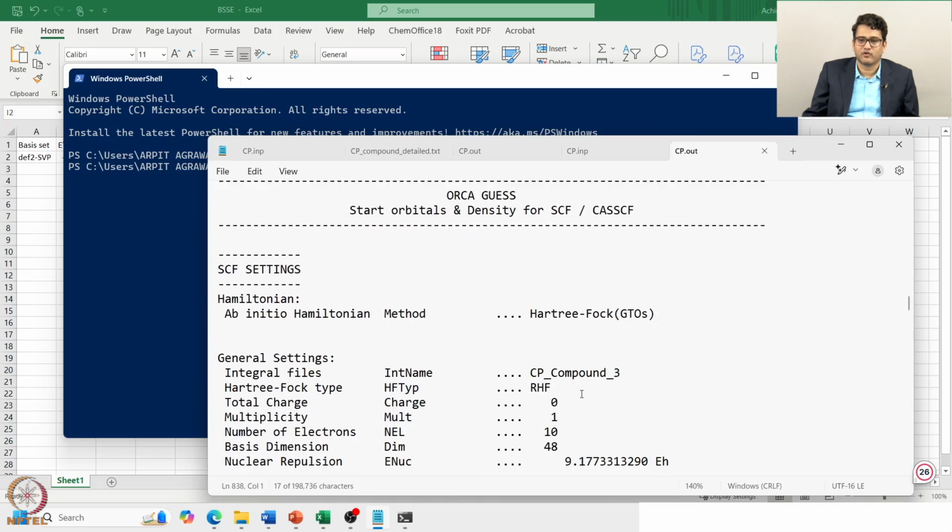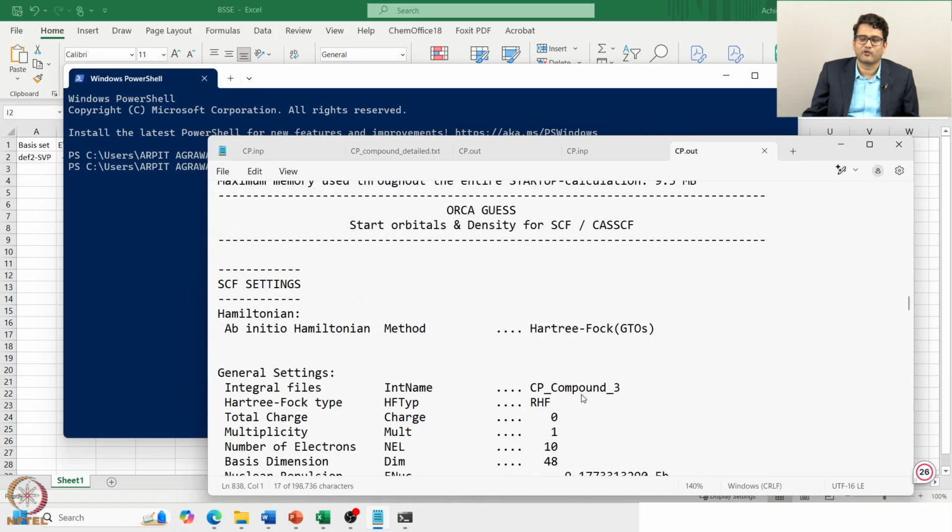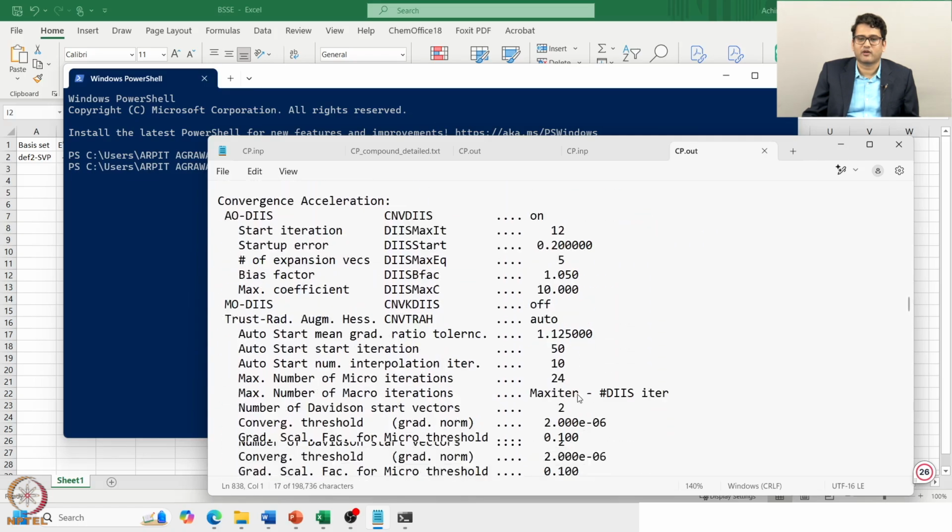See the number of electrons. Although it says 6 atoms, the number of electrons is 10 because it's only one water molecule.